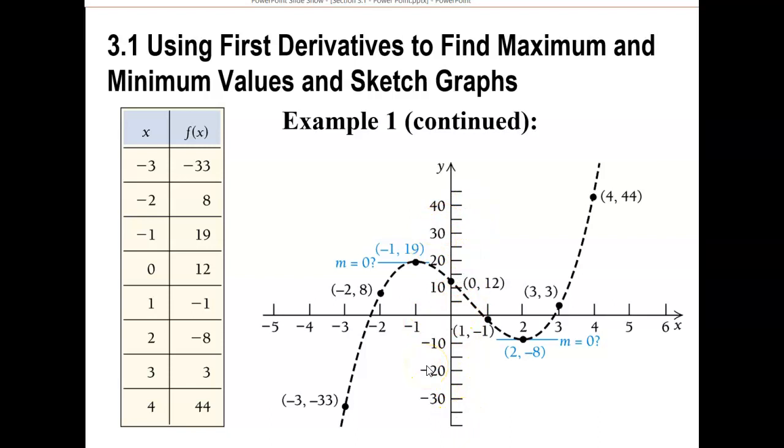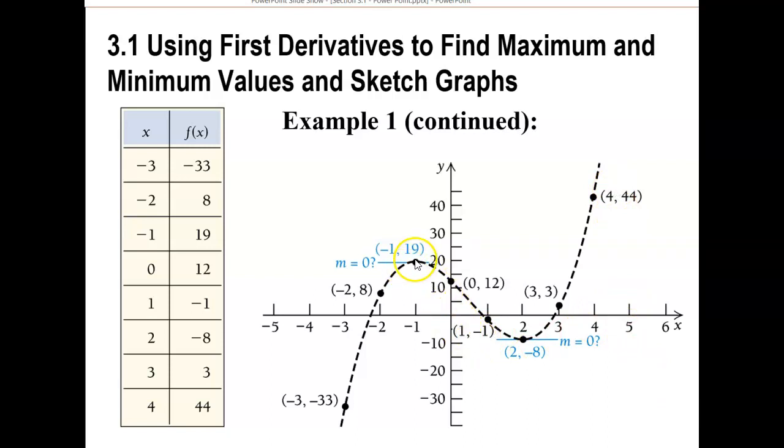So you have to play around with your window to get this to show up. But if you put it into your calculator and adjusted your window accordingly, it would help you see what's going on here, or making a table of a bunch of numbers. So they plotted some points here and saw that the pattern shows this shape.